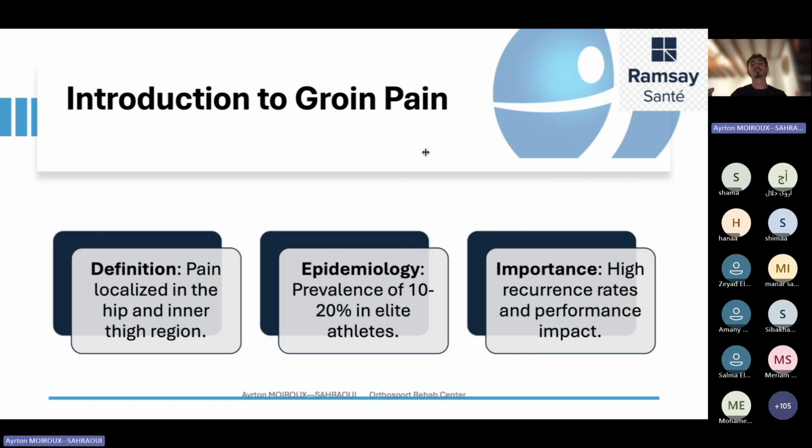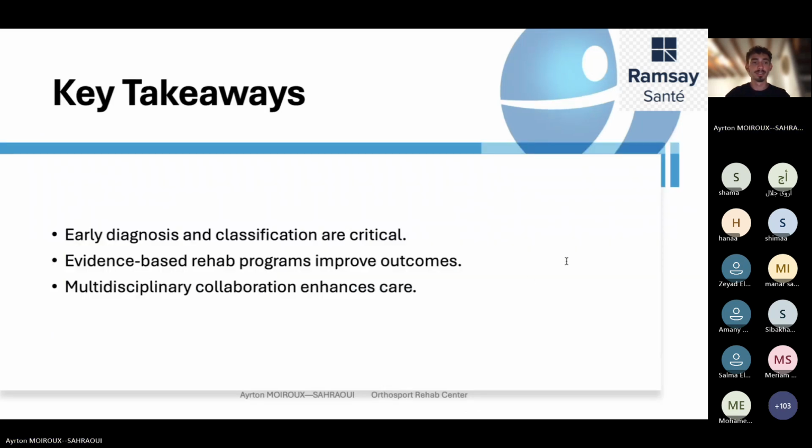That's why I'm talking about education at the end. You need to educate your patients. The number one risk factor of injury is a previous injury.